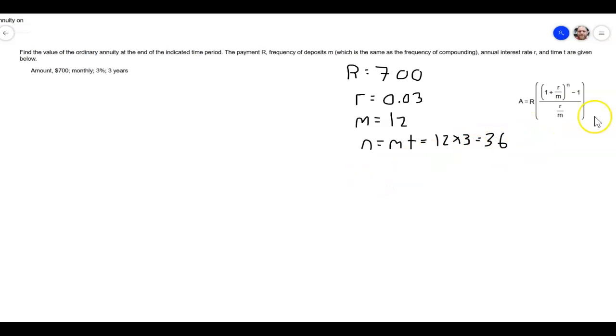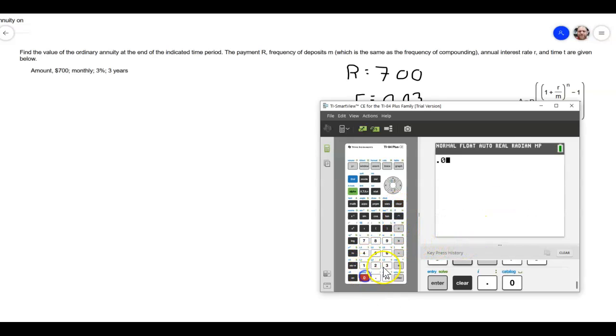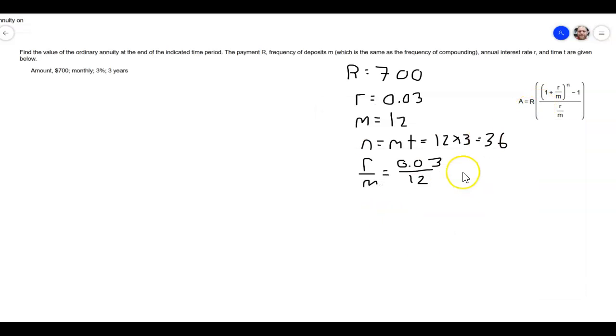All right, and then it's really useful in these kind of problems to go ahead and identify our R over M, because we use that in multiple places. So that's, in this case, 0.03 divided by 12, which I can pull up my calculator, and 0.03 divided by 12 is 0.0025.